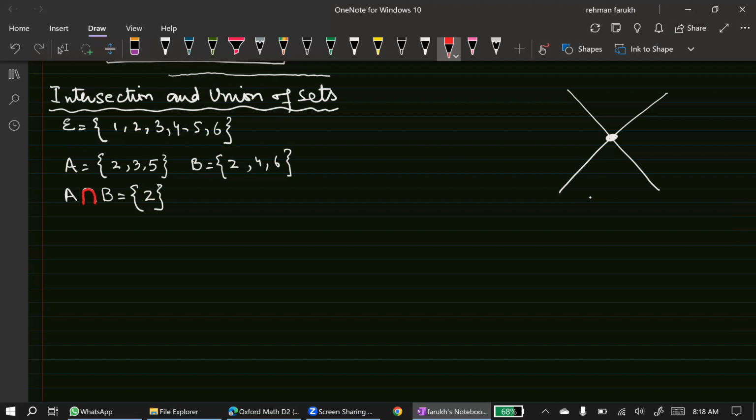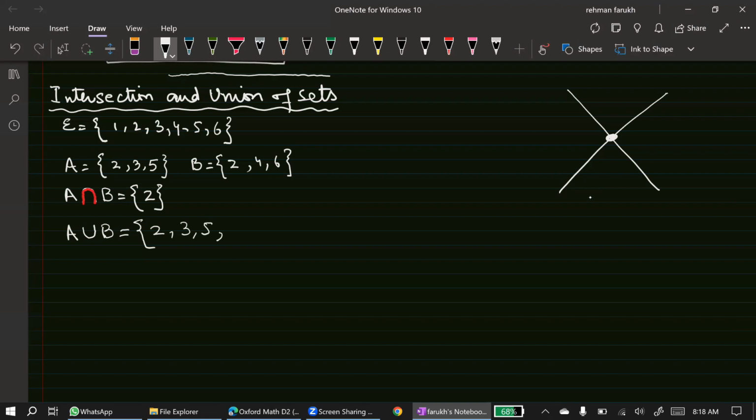Now what is union? This one is the sign for the union, that is like U. A union B, we will unite the two sets. We will combine the two sets: 2, 3, 5.